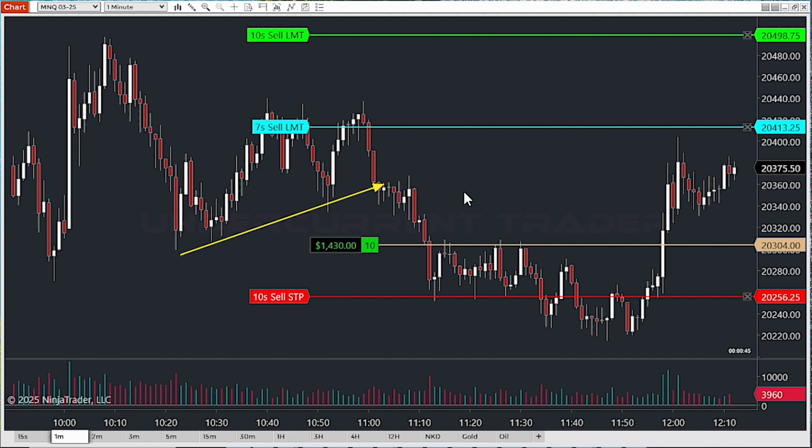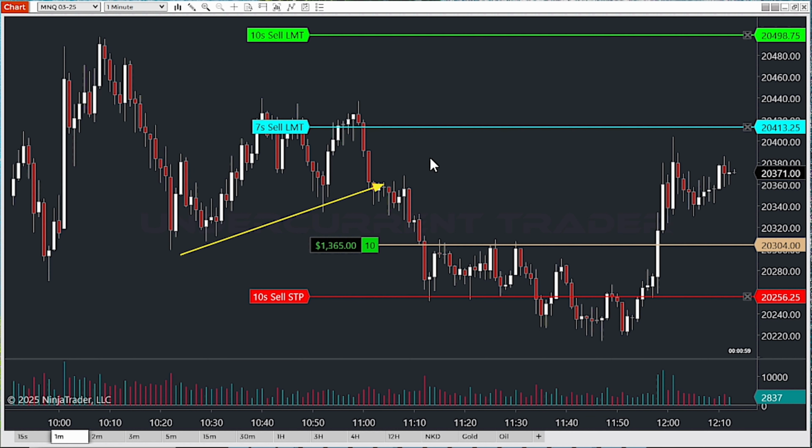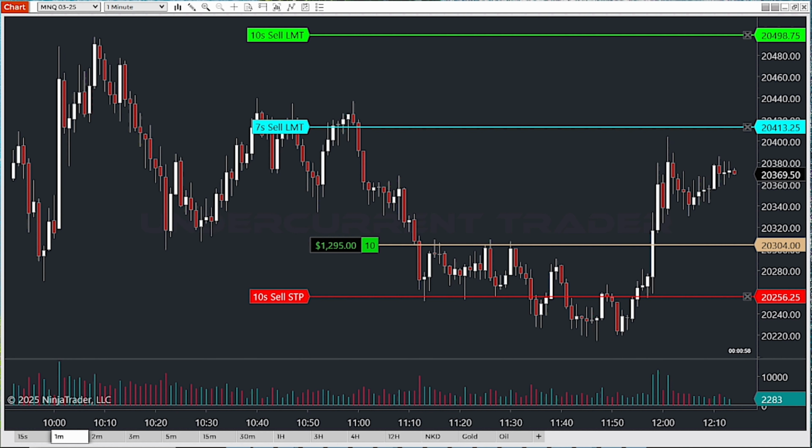Don't get me wrong though, the basis for a respectable short entry was certainly there. And had I shorted the market below the 420 level, I would have easily raked in 60 to 70 points.